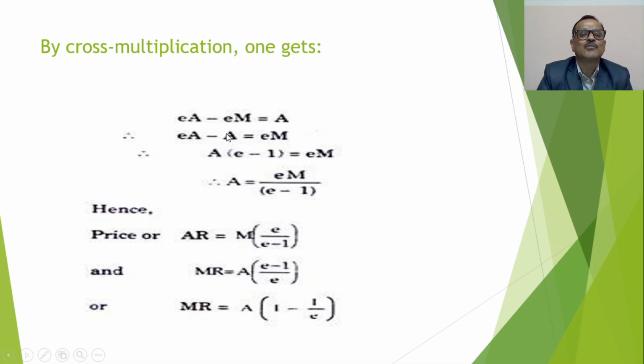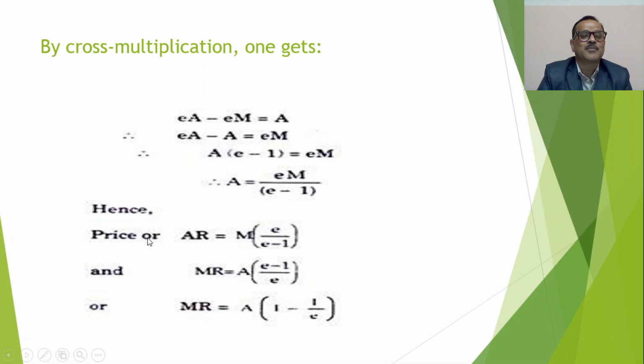Now we bring A to this side and EM to the right side. A is the common factor, so A is out. Now EA minus A is equal to EM, so A is equal to EM upon E minus 1. A means average revenue.